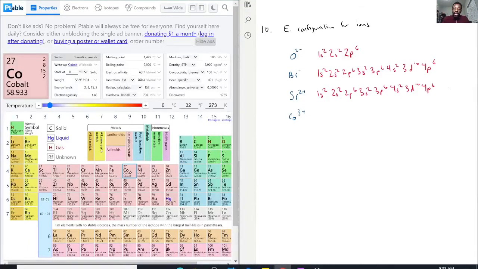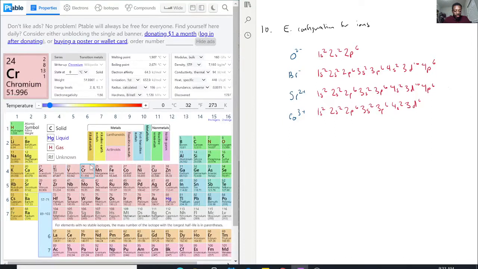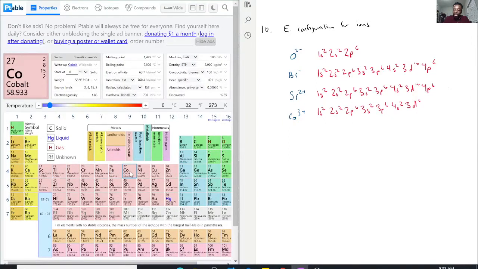We would have now 1s2, 2s2, 2p6, 3s2, 3p6, 4s2, and now 3d6. Hopefully I counted that correctly. 1, 2, 3, 4, 5, 6, 7. So 3d7. Sorry about that.